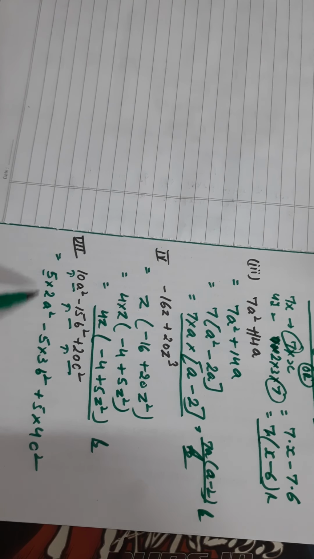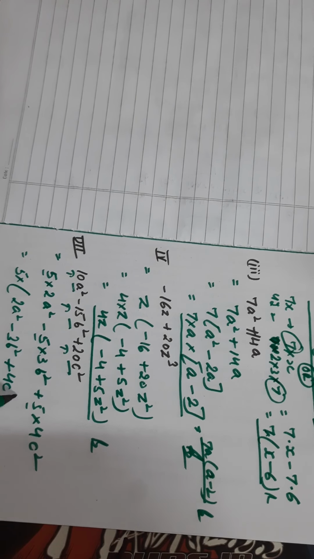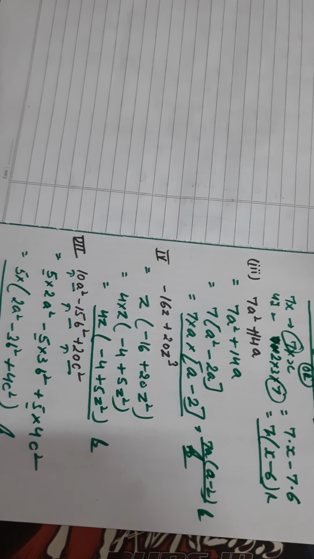So only 5 is common. So take 5 common. We are left with 2a square minus 3b square plus 4c square. So that will be our answer. Hope you understand this.